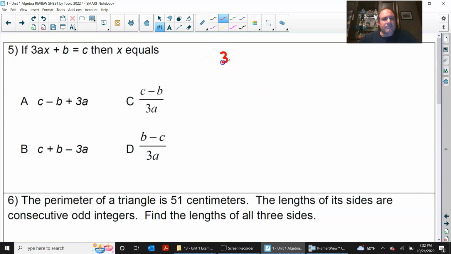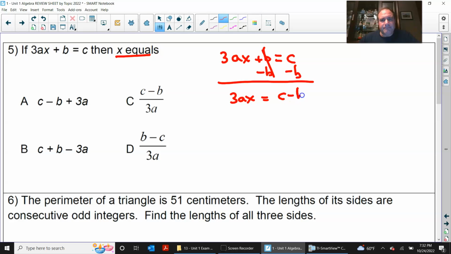So here we go again. So this is 3ax plus b equals c. And they're saying to solve for x equals, okay? So I'm going to just do the first thing that comes to mind, subtract b on both sides. This cancels. You have 3ax equals c minus b.